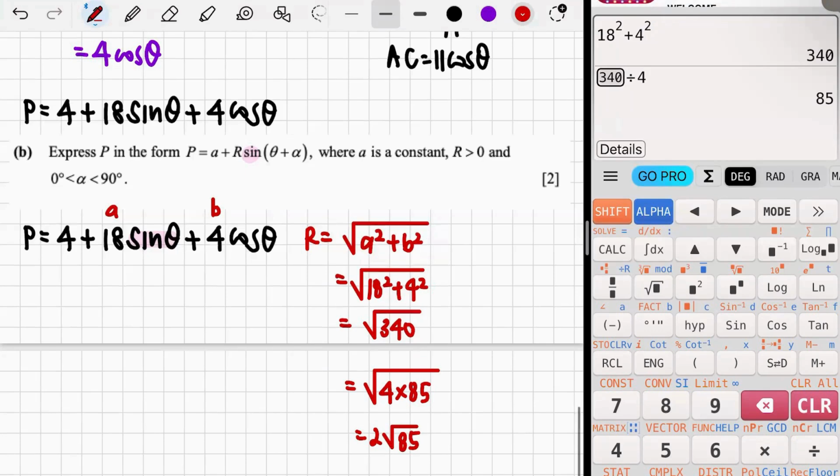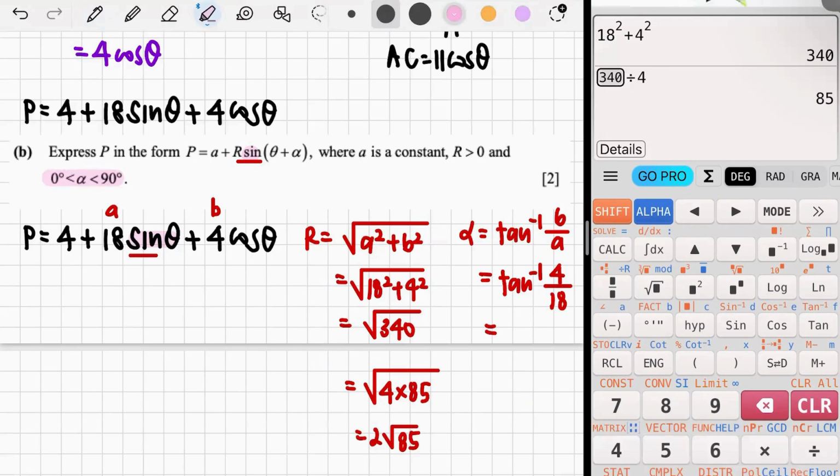Then now I just need to find my alpha. So alpha is tangent inverse B over A. This is the reason why I wanted you to make sure to check the sign. The first trigo must always be the same as the R formula trigo. So just tangent inverse B over A, so 4 over 18. This one usually I'll just leave as 3 dp, then 1 dp. This is an angle, so degrees you put 1 dp. If not, 5 SF and 3 SF.